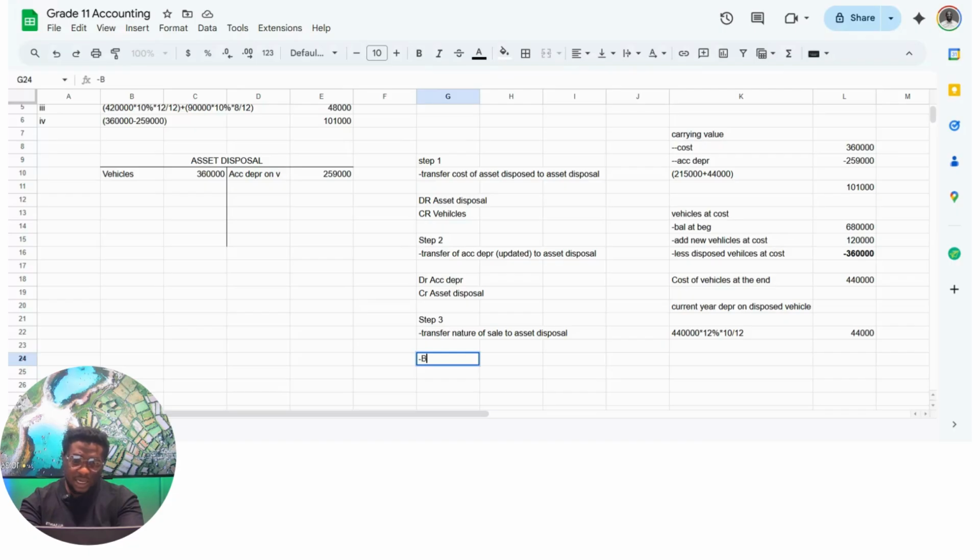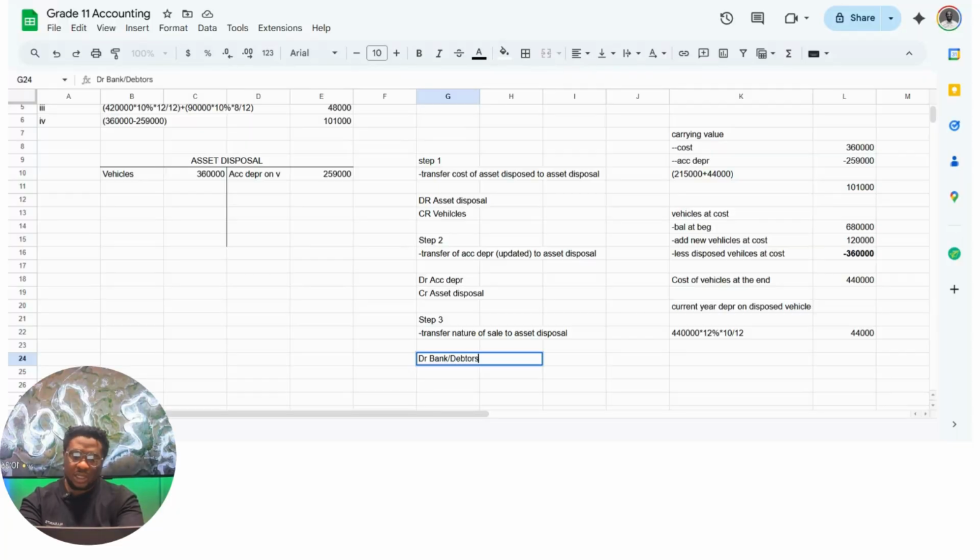So as it is cash, we would debit bank. If it was on credit, we would do debtors. If it was a trade-in, we would do creditors. If it was donated, we would do donations, whatever the case is. And then we will credit asset disposal with what it has been sold for.